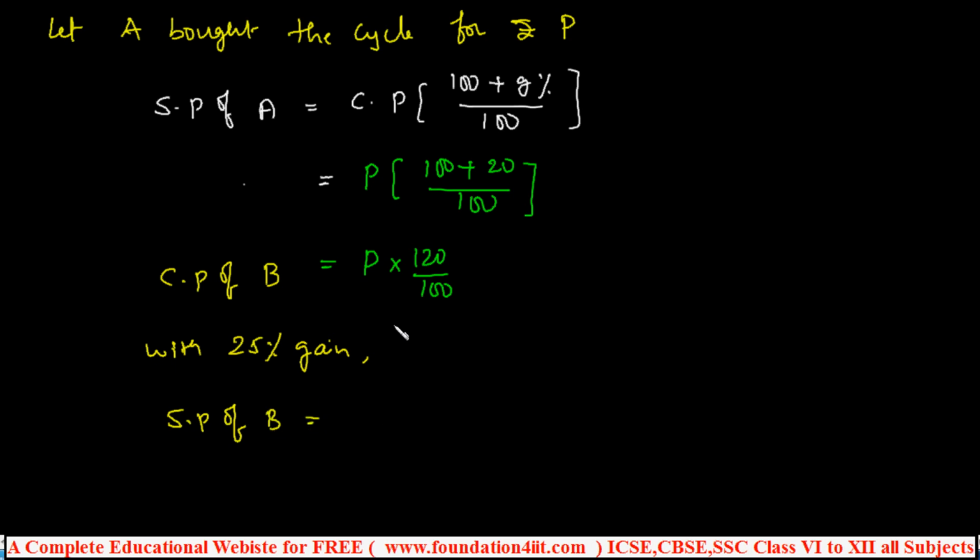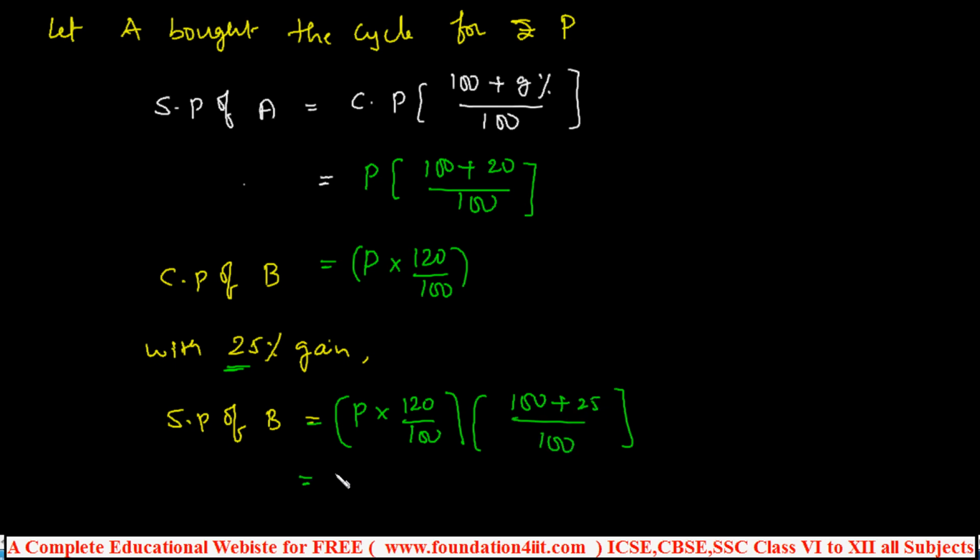Selling price again, the formula is cost price into (100 plus gain percentage) by 100. In this case, the cost price is P into 120 by 100. In the bracket, 100 plus the gain, which is 25, by 100.